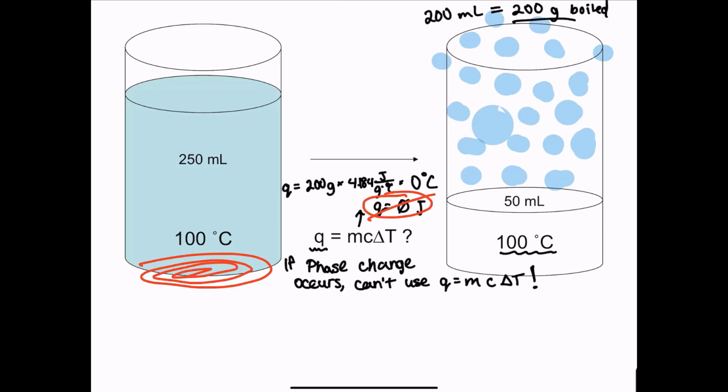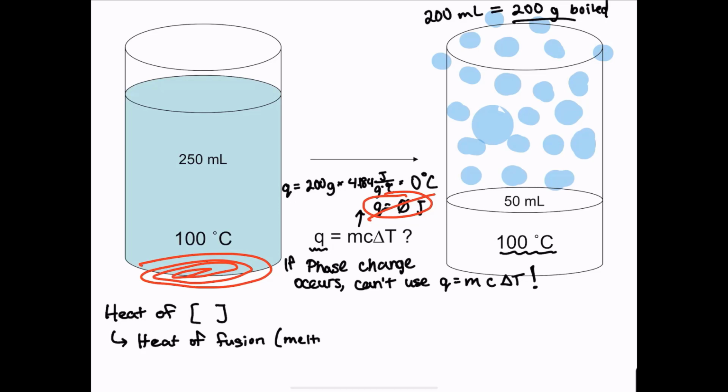So in order to help us do that, I'm going to start off by introducing a new value, which is called the heat of. And there are always two heats of, you'll see. But so the heat of fusion is fancy talk for melting, basically.